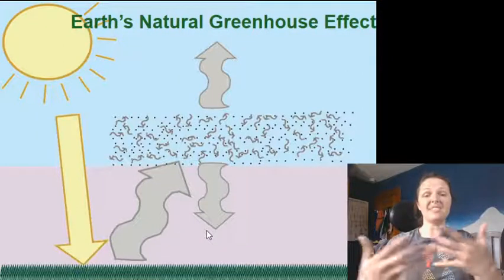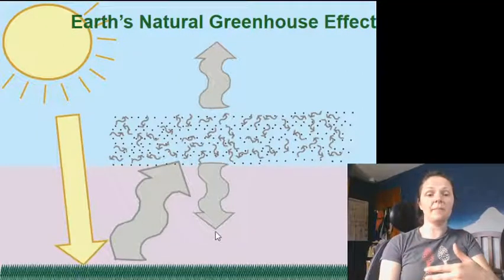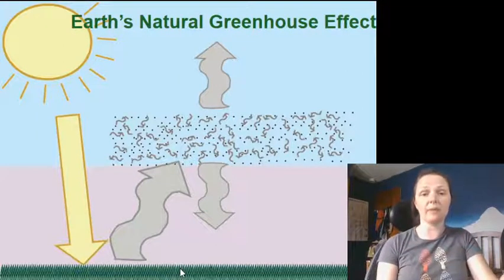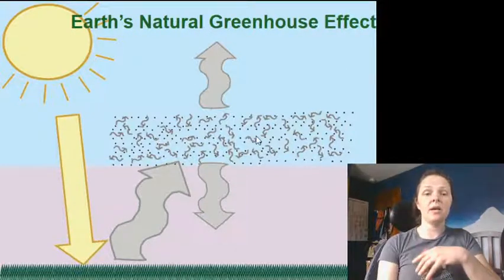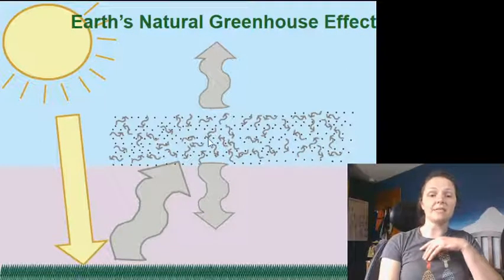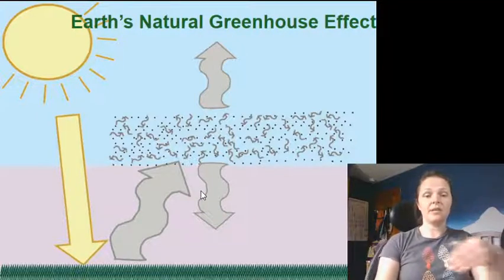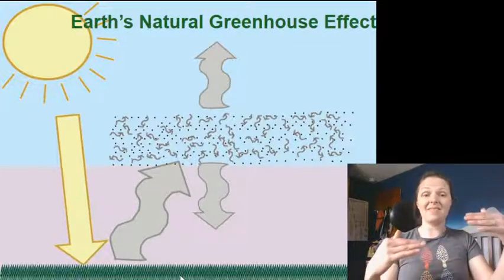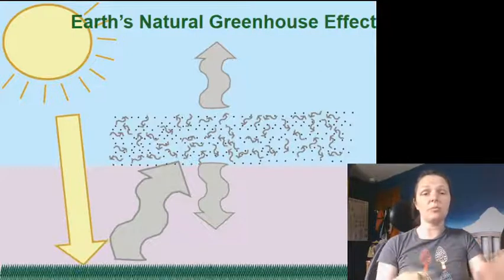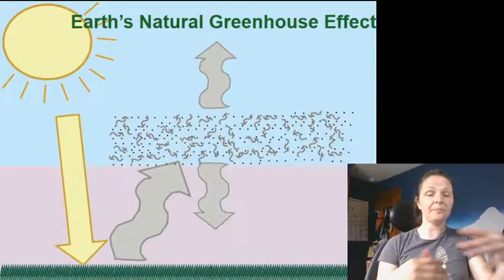The effect of that is that there's more energy coming down to the ground and warming the ground and making the planet warmer. So the presence of these greenhouse gases means that more energy is absorbed by the ground, and that more energy is what results in our warmer temperature.